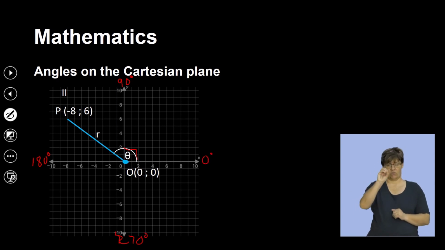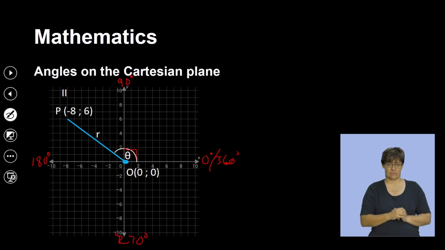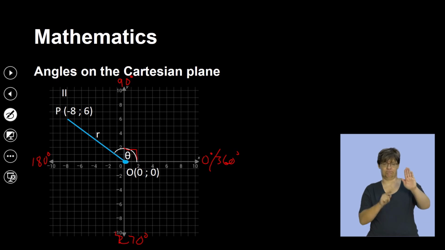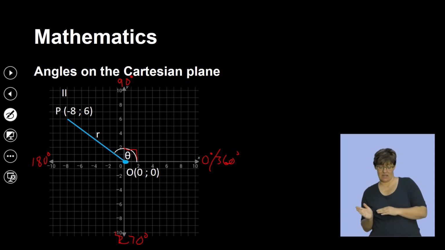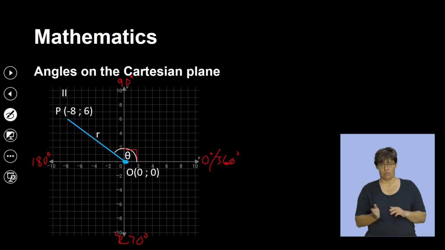This is 0, and also my 360 degrees. So between 90 and 180, it will be in quadrant 2. Remember, I will keep on emphasizing, we start on the positive x-axis and we move in an anti-clockwise direction when measuring angles.